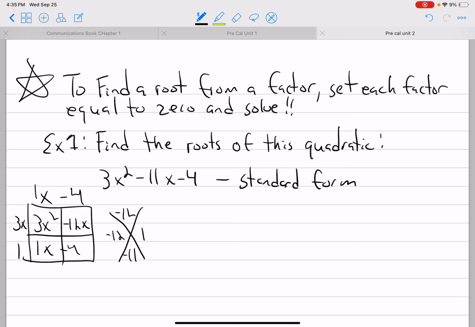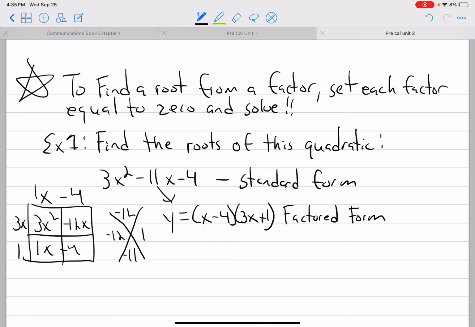Everything works out. So if I put that bad boy into factored form, I'm saying this turns into y equals x minus 4 times 3x plus 1. I went from standard form to factored form. Now I have to go ahead and pause it and find the x-intercepts.